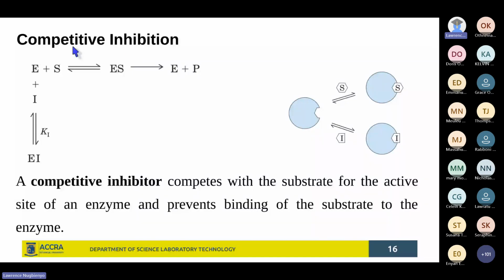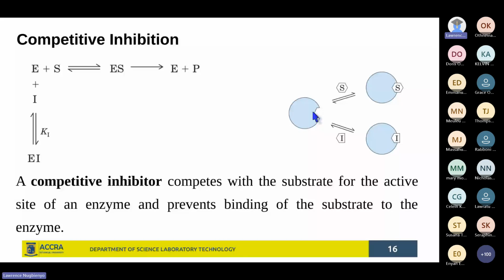Competitive inhibition occurs by, say, the substrate and the inhibitor competing for the active site of the enzyme. So in competitive inhibition, what you see on the right-hand side is that the inhibitor, which is depicted I, competes with the substrate for the active center of the enzyme.